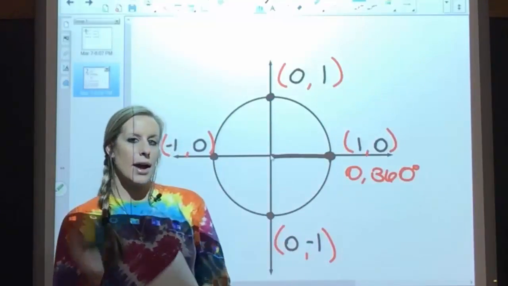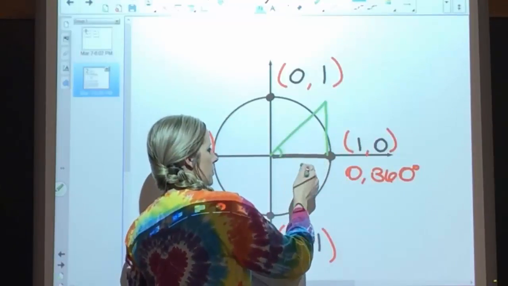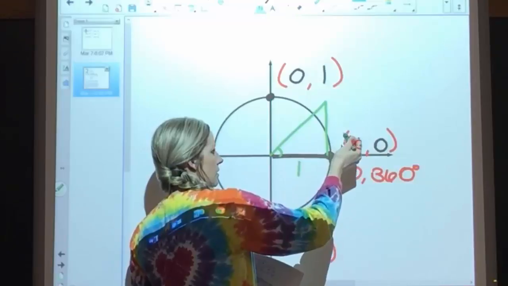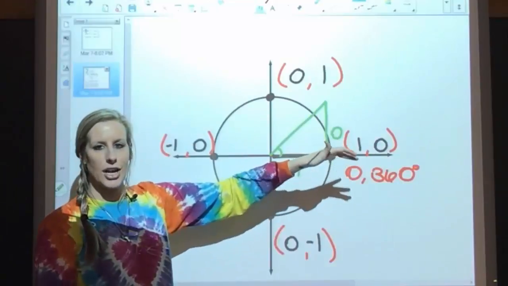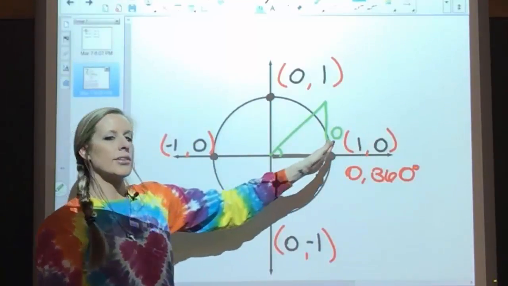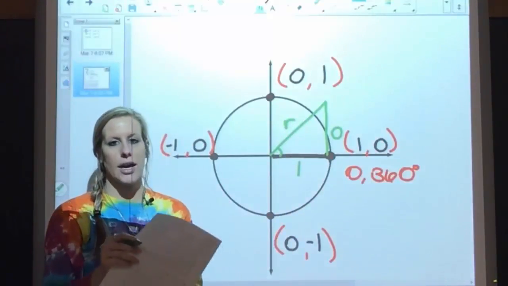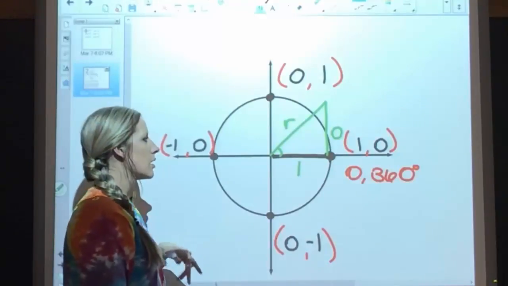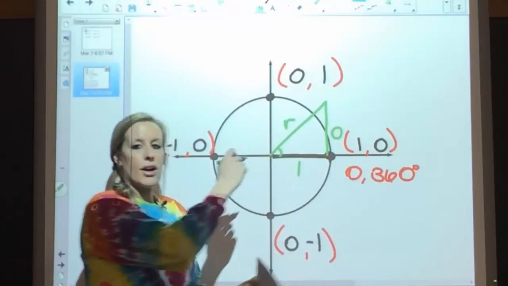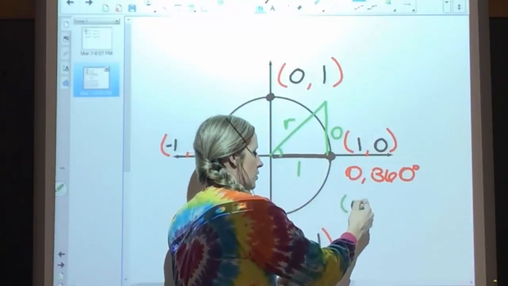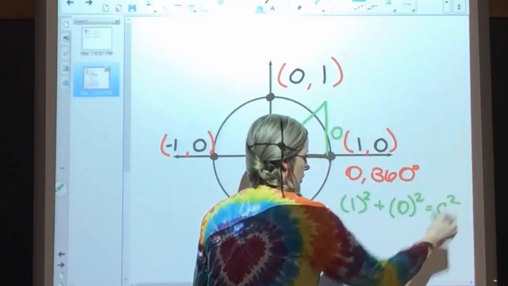Now, if I were to draw a triangle here, we know we have 1 and my y is 0. I know that wouldn't make a triangle, but let's just say we have a triangle like this, and we want to figure out what r is. That way we can figure out sine, cosine, and their reciprocals. To figure out our hypotenuse, you would do a squared plus b squared equals c squared.